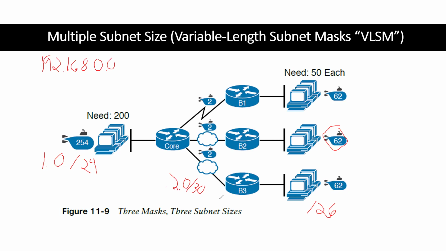We can continue with it because we're not using everything in that subnet. So we can actually say, all right, 2, and forgive me if I don't hit it right on the money, but we can say 2 dot.